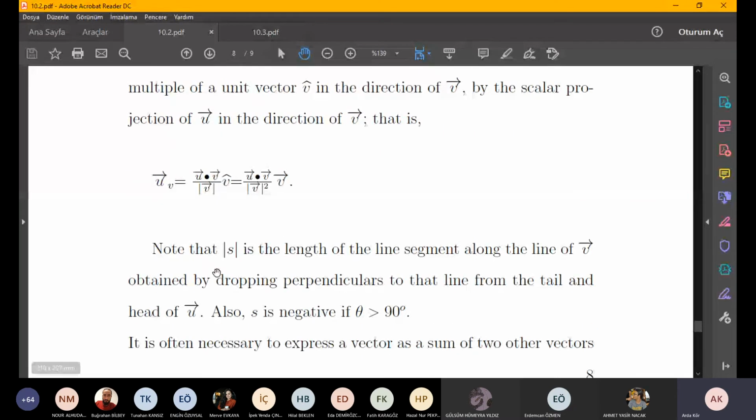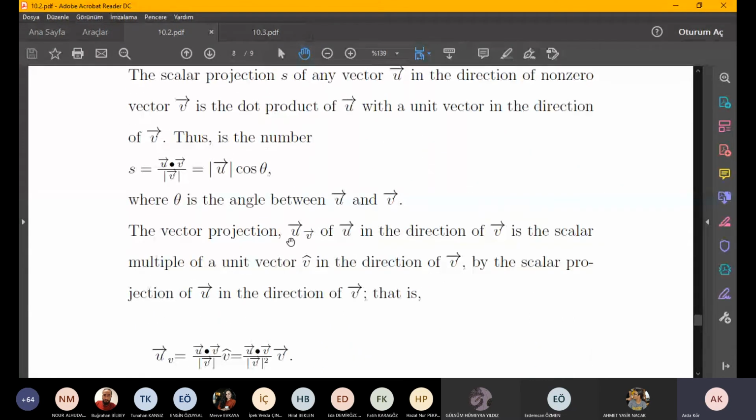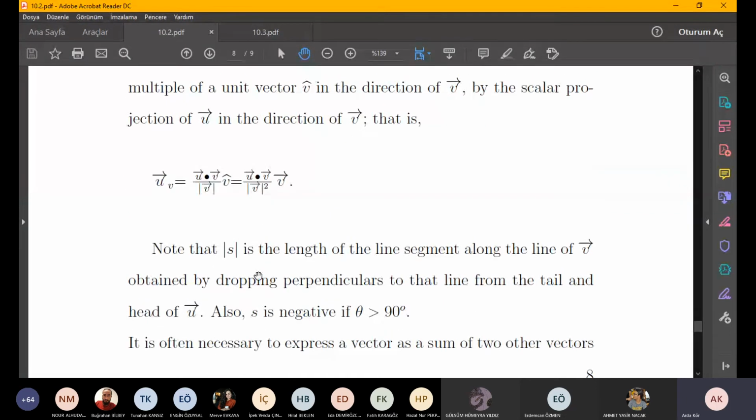And here the scalar projection that we defined by S is the length of the line segment along the line of vector v, obtained by dropping perpendiculars to the line from the tail and the head of u.